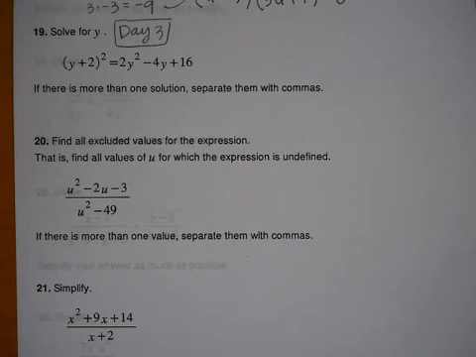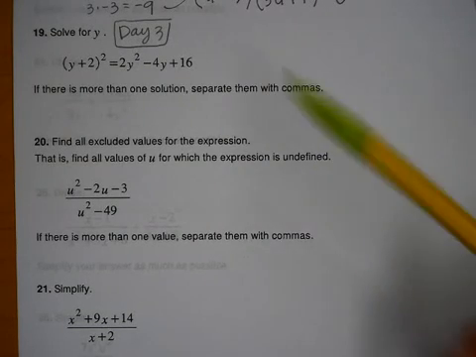Last week, or the week before spring break, we also looked at solving these quadratics, okay? So remember, we said that if you solve, then you have to factor first, and then what do you do after you factor? You set each piece equal to what?